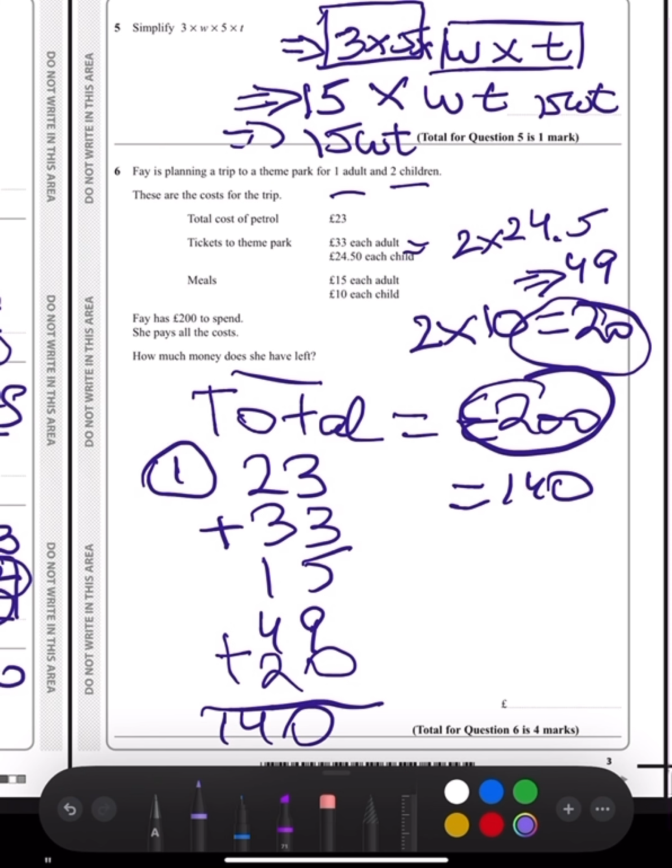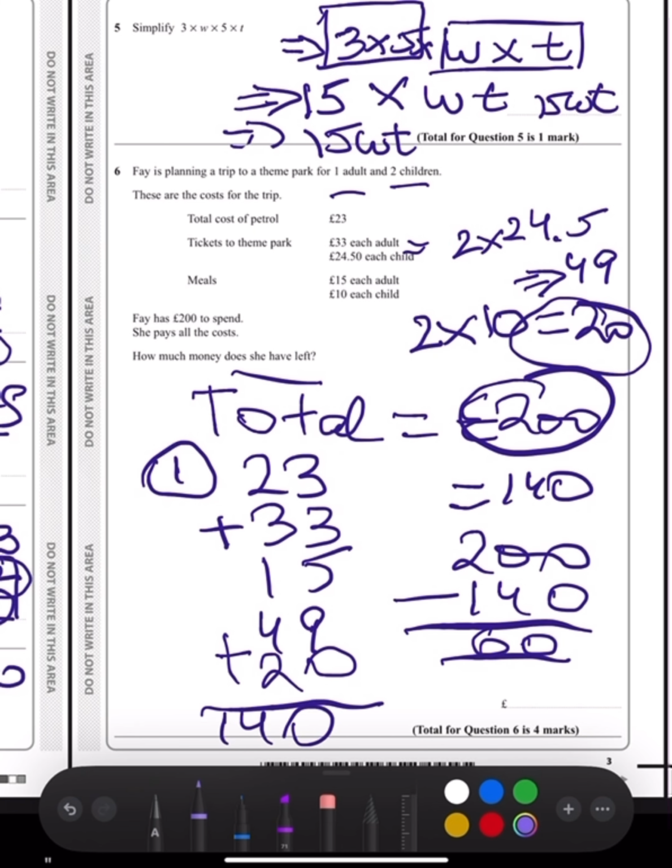You need to end it with the answer to the main question that they are asking for. So we know it is 200 pounds. She spent around 140. The money she has left is basically 200 minus 140, which simply gives us 60. Meaning 60 pounds is the money she is left with.